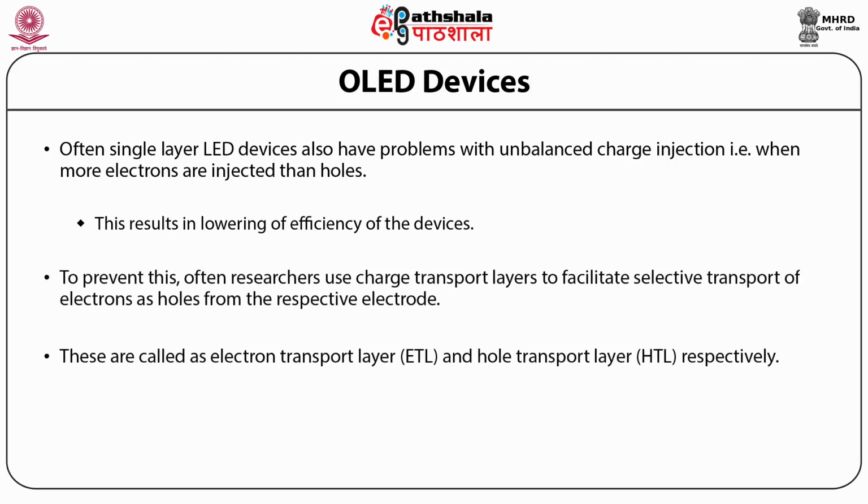To prevent this, researchers often use charge transport layers to facilitate the selective transport of electrons and holes from the respective electrodes. These are called the electron transport layer or ETL and the hole transport layer or HTL respectively.